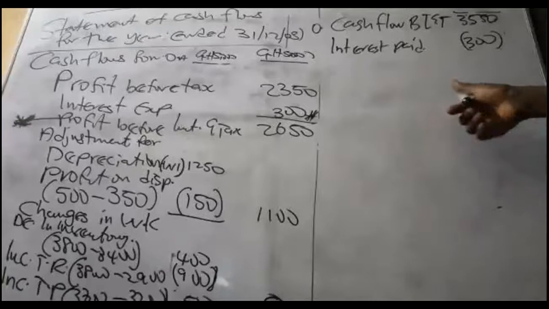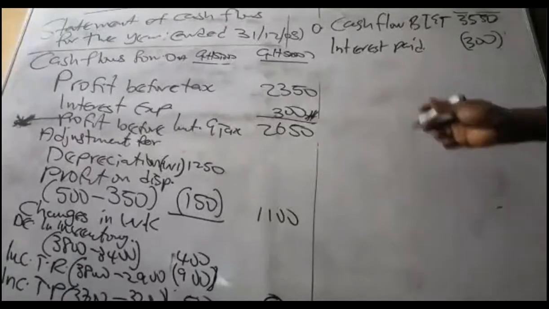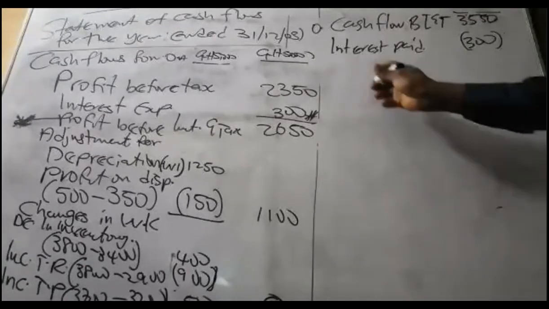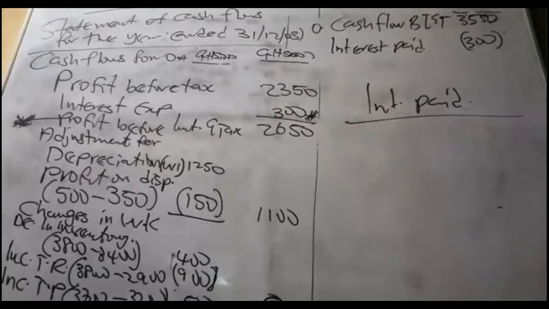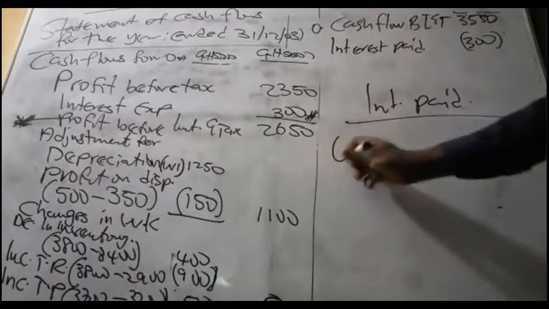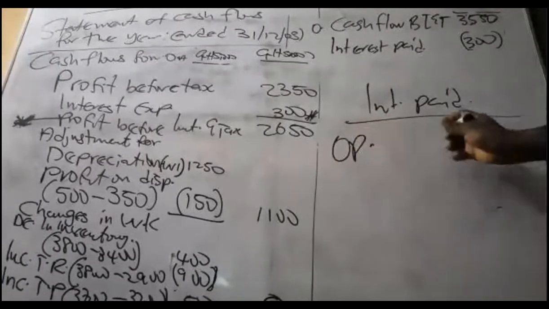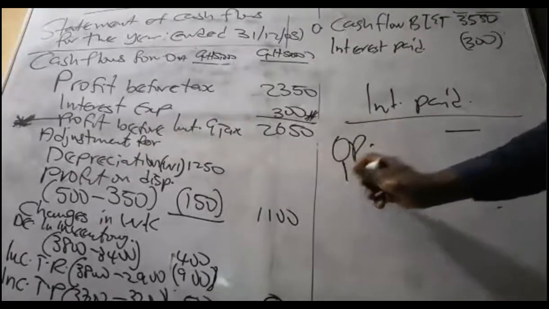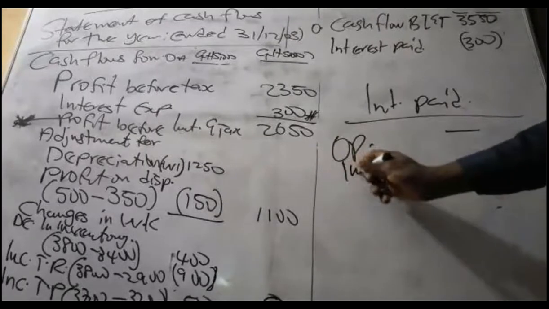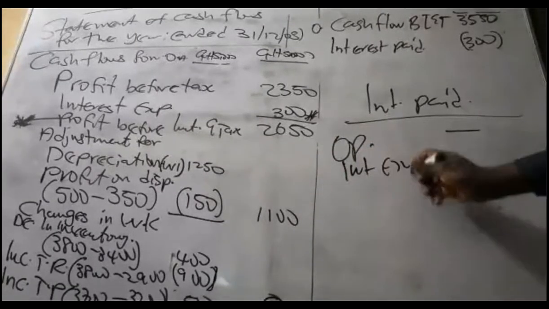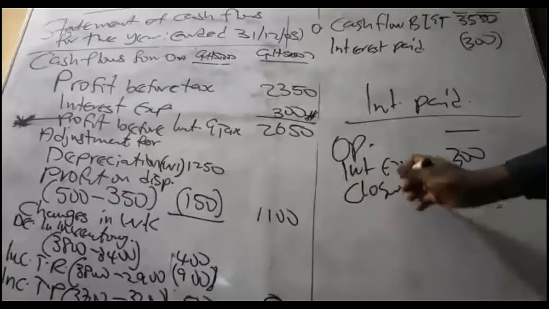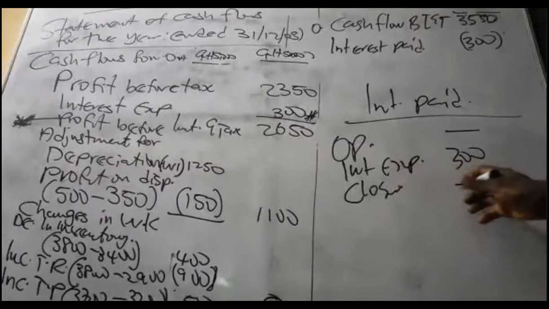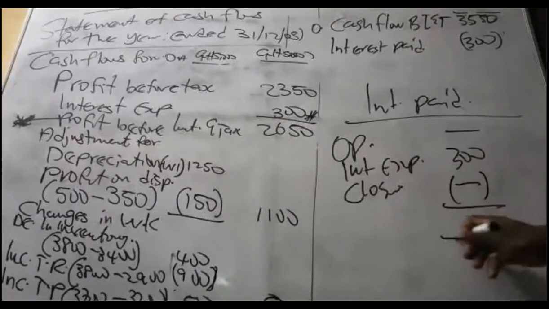Anything paid, there are three steps. If you want to calculate interest paid, you get the same answer. You start with the opening balance, they are not owing, so dash. Then bring the interest expense, 300. Then the closing balance, they are not owing anything, so dash. Normally you subtract the closing balance, so this is the interest paid.